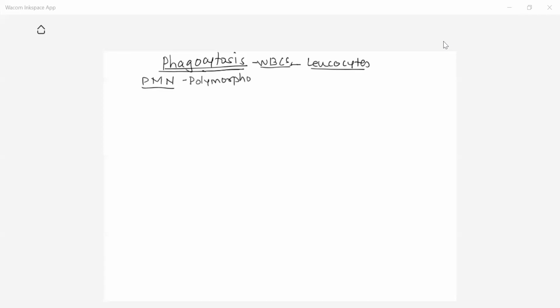The long form is polymorphonuclear neutrophils. These PMNs are also called polymorphonuclear leukocytes. This is the main cell involved in phagocytosis, which is present especially in the blood.